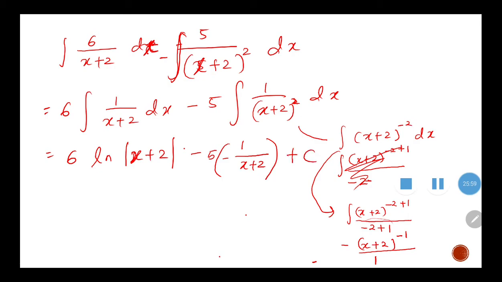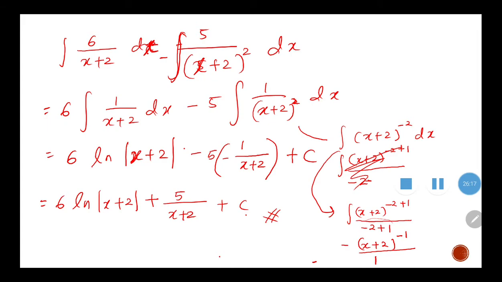Plus c. So rewrite it to make it look much nicer: plus 5 over x plus 2 plus c. So that is the final answer for A.